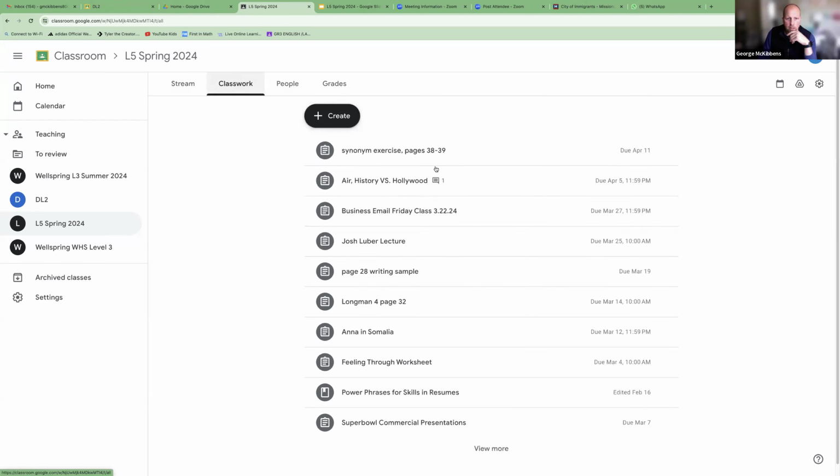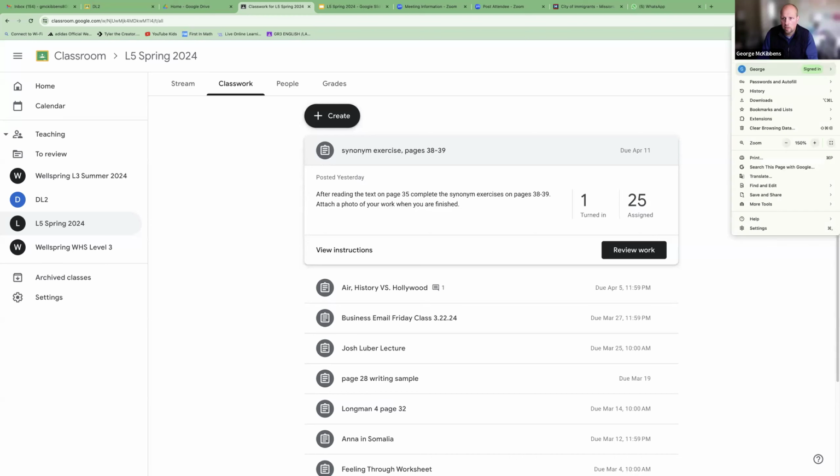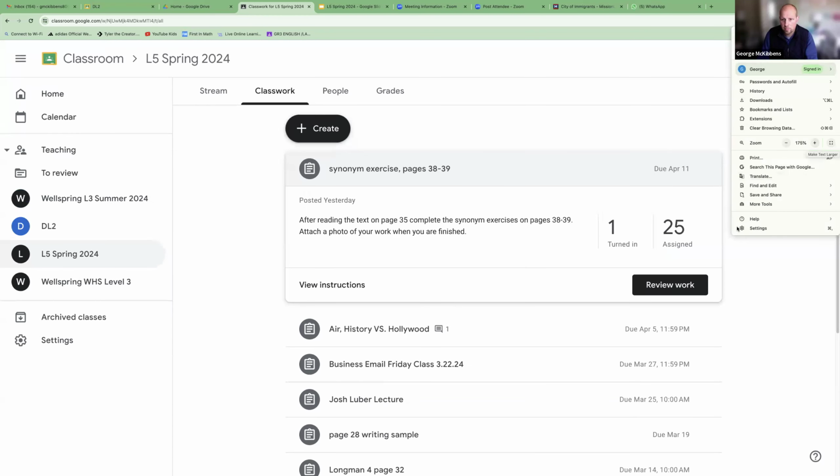We're going to start right here with the synonym exercise, and I'll ask for a volunteer reader. Here we go. Anyone want to volunteer to read the instructions for this assignment? One of you already turned it in.